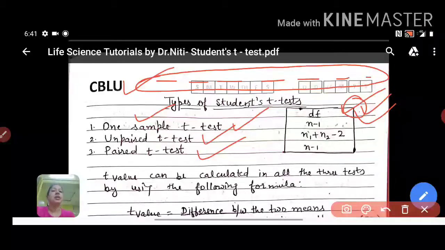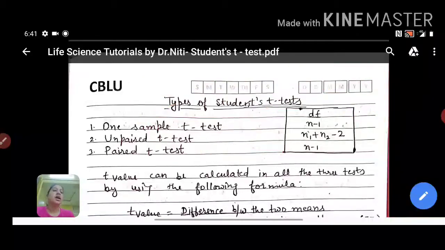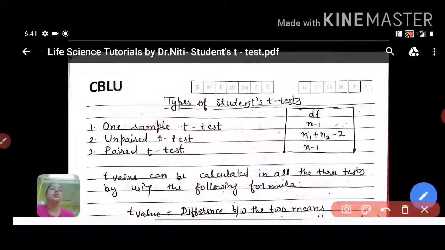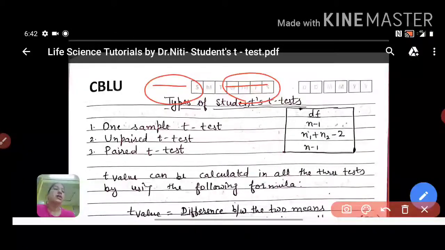Now the unpaired t-test. Unpaired t-test means there are two separate samples that have no relationship with each other. Even the number of observations may be different in these two samples, and you have to compare the means of these two samples. Then this is termed an unpaired t-test.